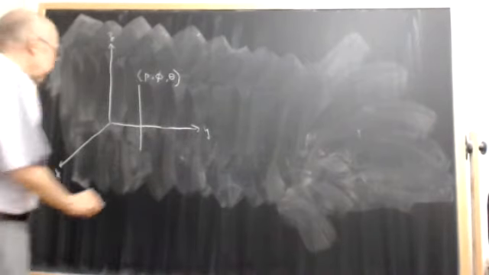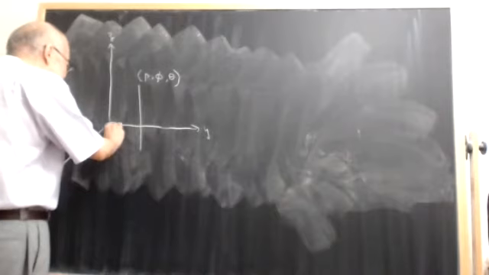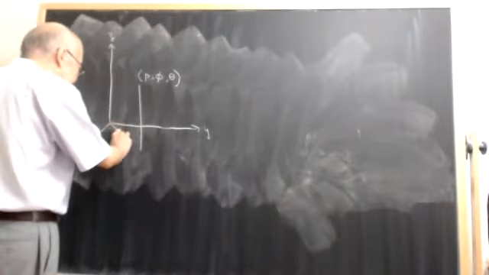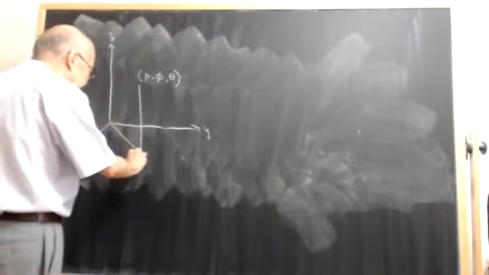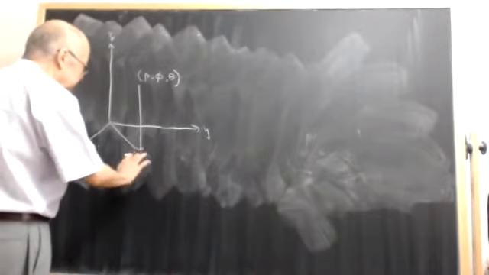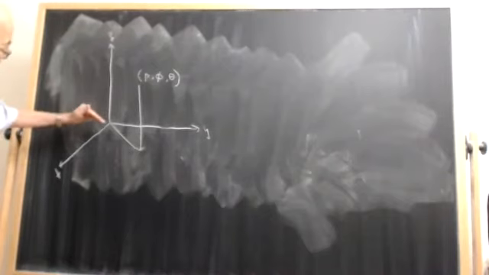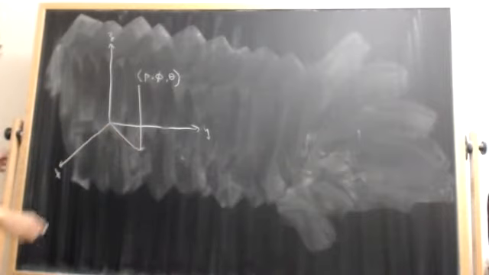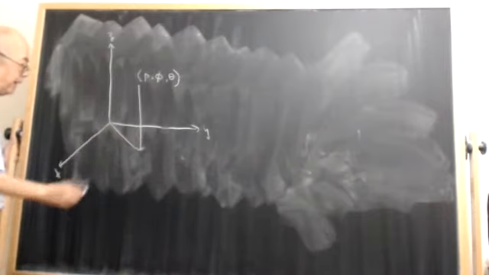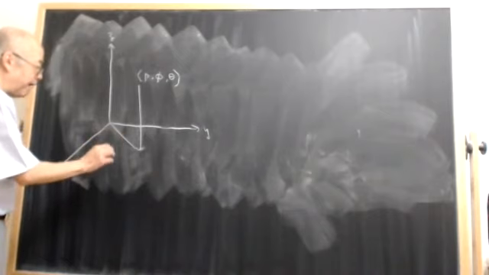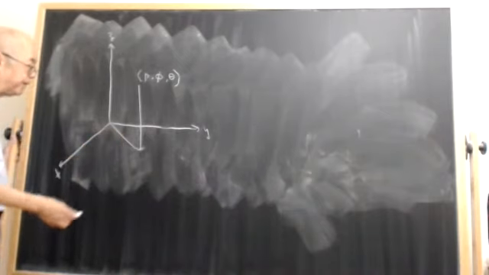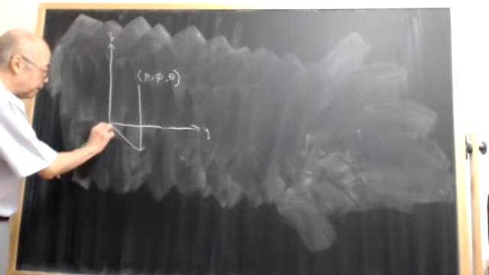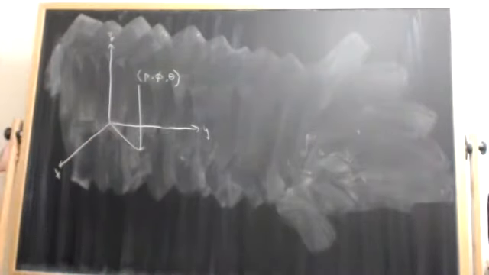And I am going to look at the radius joining the projection and the origin. And then we have an angle theta here. Okay. I'm not going to write down theta.